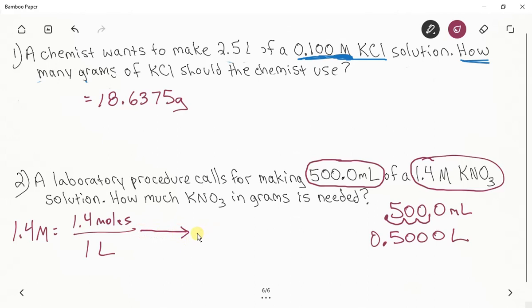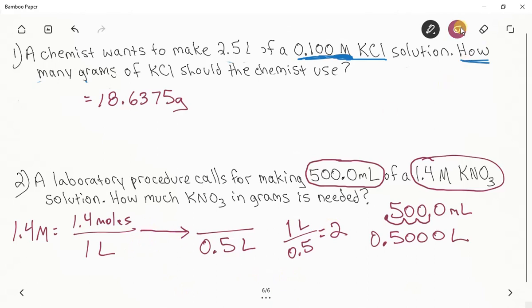So we have 1.4 moles for every 1 liter because it's a 1.4 molarity. But we need to turn that liter into 0.5 liters. So if we need to turn that liter into 0.5 liters, can't we just divide 1 liter by 0.5 and get the divisor? Yes, we can. So 1 liter divided by 0.5 is going to be 2.